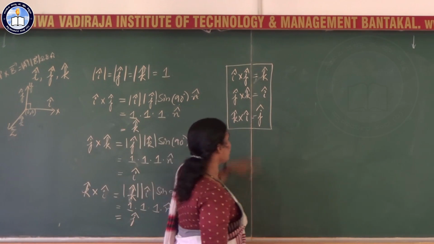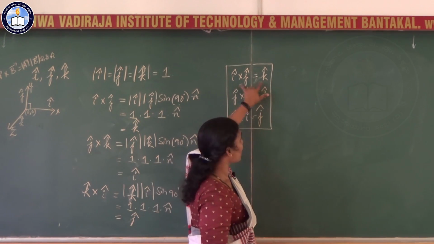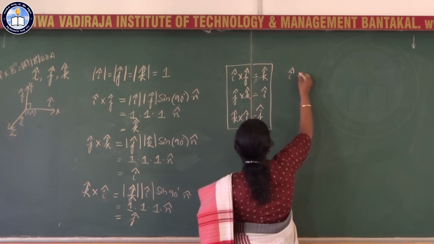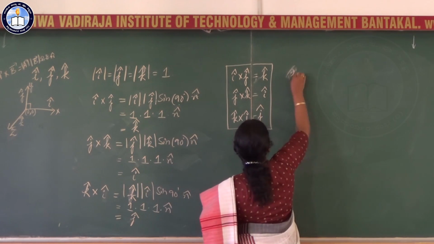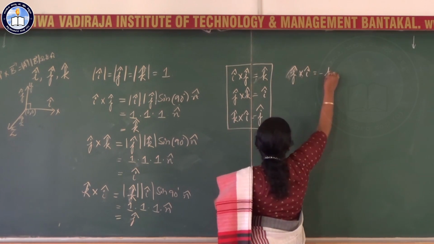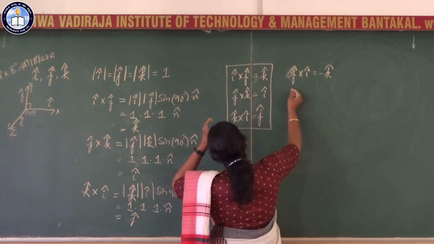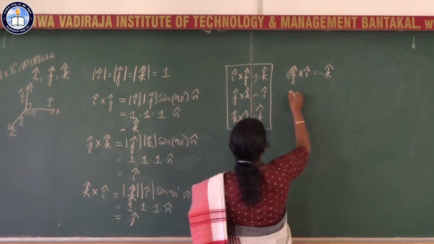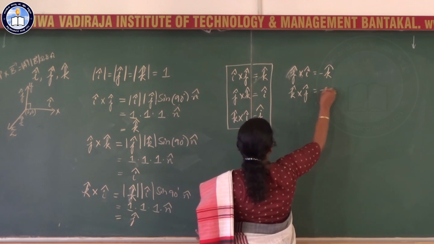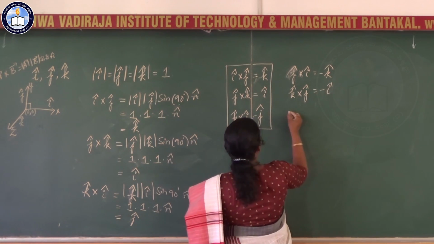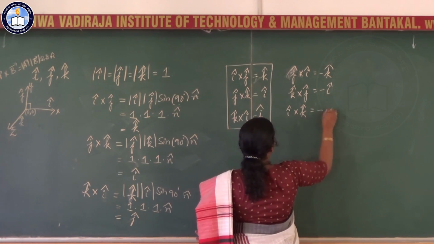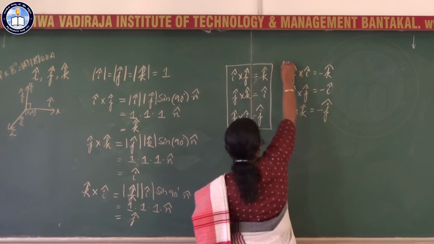They are the same in magnitude, opposite in direction, k cap becomes minus k cap. So j cross i equal to minus k cap, k cross j equal to minus i cap, i cross k equal to minus j cap.